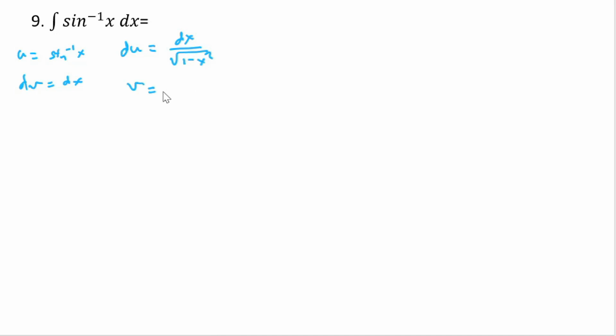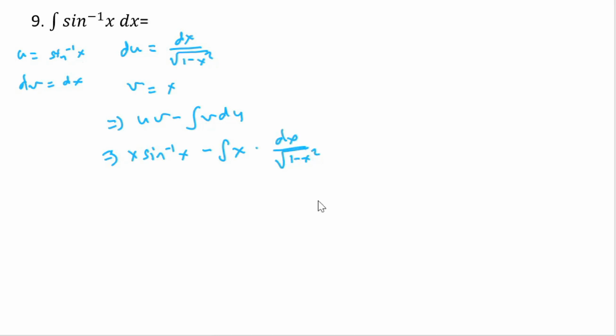And our v is just equal to x. So using the formula of uv minus the integral of v du, by substitution we have the product of uv becomes x arc sine of x minus the integral of x times dx over the square root of 1 minus x squared.